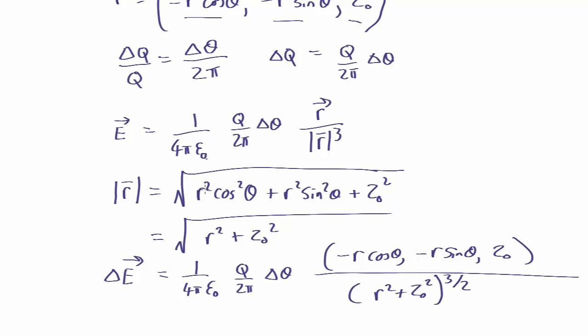So that's the square root, which is the half power, cubed. So that's our step equation.